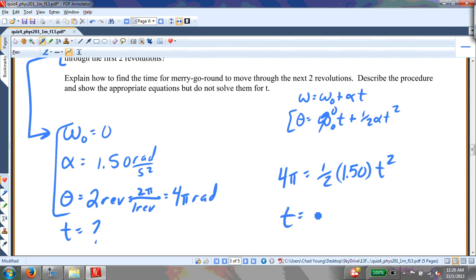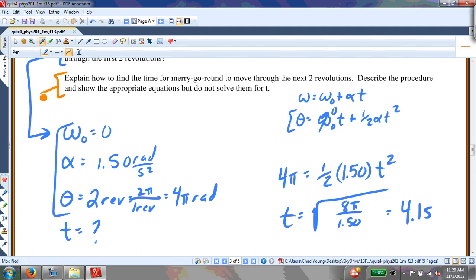And then if I solve for t, 8 pi, divide by 1/2, and then 4 pi becomes 8 pi, 1.50. I get 4.1 seconds.